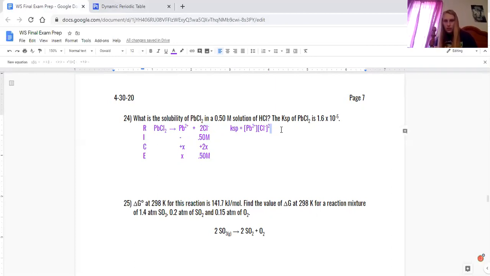That's going to end up being equal to x times 0.5 squared. Okay. And that doesn't really matter. So then you're just going to solve for x. So we're going to have x equals 6.4 times 10 to the negative 5, which is all we need to look for. That's going to be your answer here.